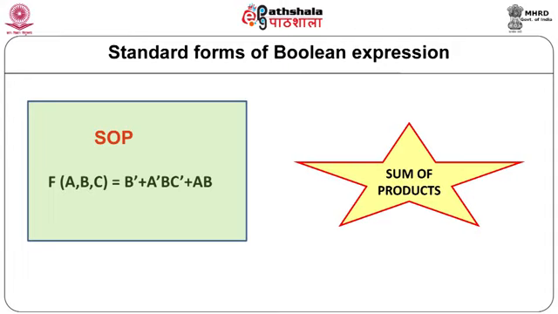The sum of product form is normally generated as a part of standard form. So, for example, a function of 3 variables A, B, C is given as a sum of product form containing certain variables as shown here.